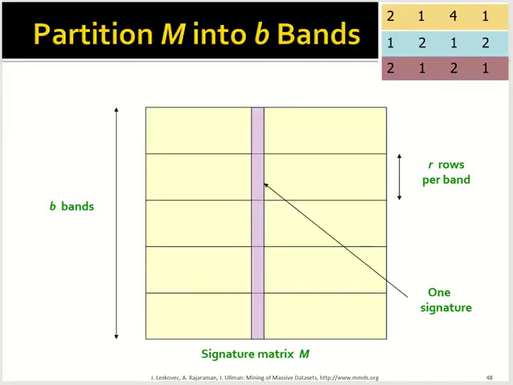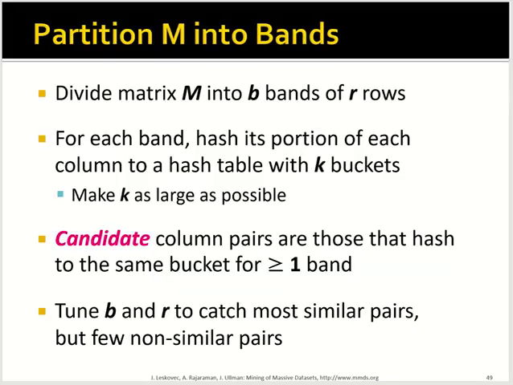This is the portion of one column within that band, so that we can hash them into a large number of buckets. We can use the same hash function for all the bands, but we use a separate bucket array for each band, so the columns within the same band can be put into the same bucket.